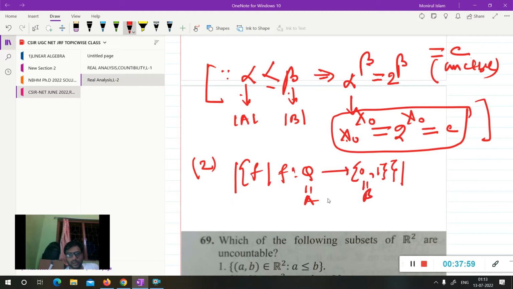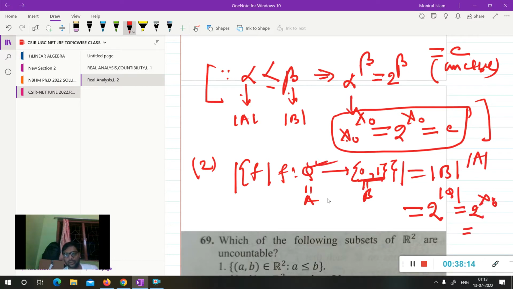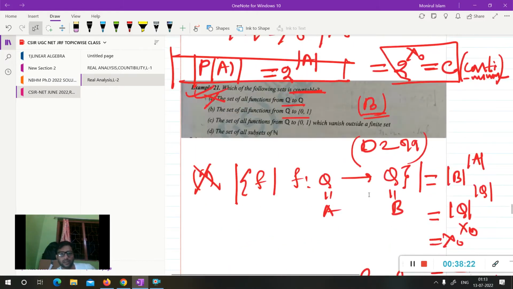What is its cardinality? The same formula: cardinality of B to the power cardinality of A. Cardinality of the 2-point set is 2, it contains 2 elements, and cardinality of Q is alif naught, since every countable set has cardinality alif naught. Since Q is countable, the cardinality will be 2 to the alif naught, which is C, continuum, so this is uncountable. So this set is also uncountable. This is incorrect because we are searching for the set that is countable, so it is also incorrect.